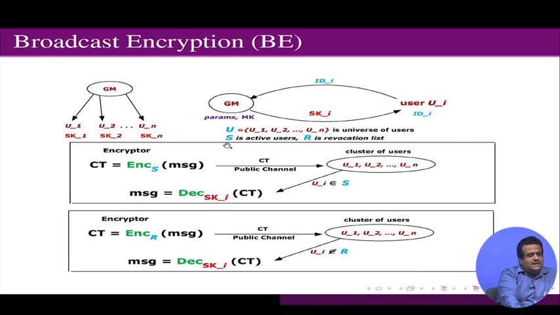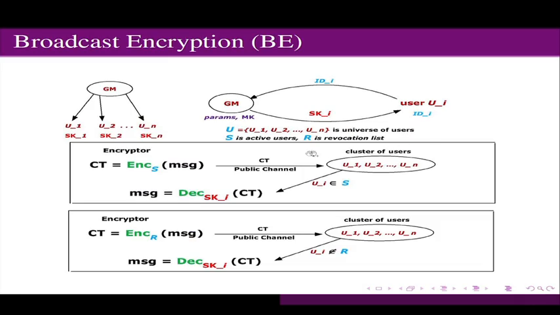Among these, say S is the set of active users, and a few users can be revoked. R is the set of revoked users. For example, if it is a TV service provider, some cable operator, there are few users who are subscribed for this channel and few users who stop paying. Those are basically revoked users.